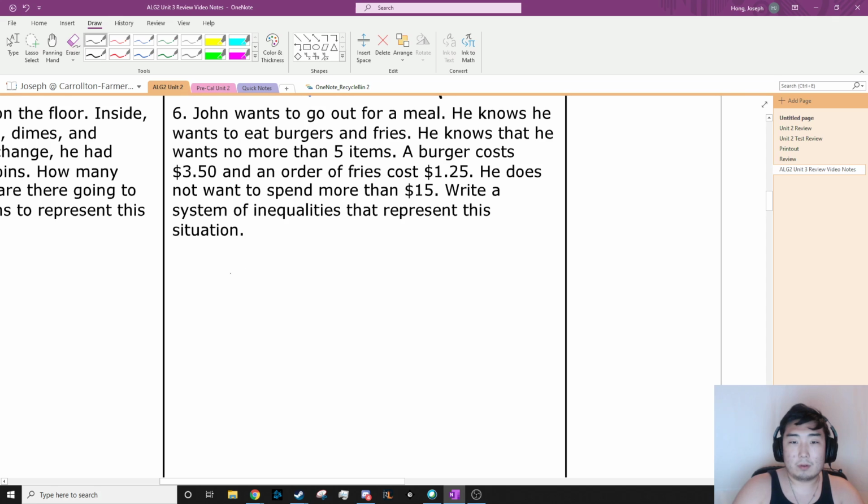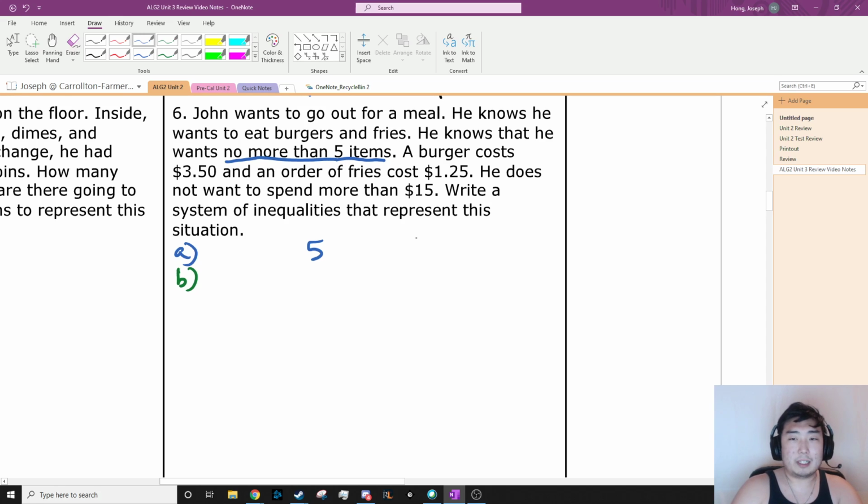So we really need to talk about the themes here. And I'm going to be representing equation A and equation B with the according colors. So equation A, let's see, the first thing that he talked about was the items. He doesn't want to buy no more than 5 items. So I'm just going to write 5 here.